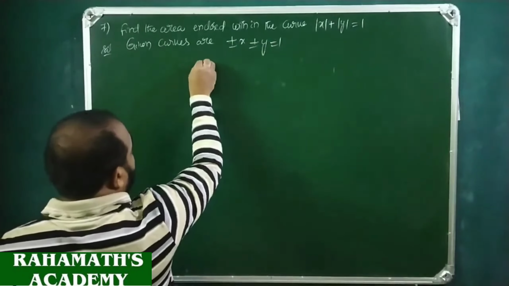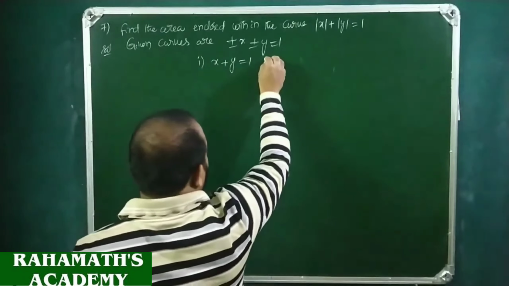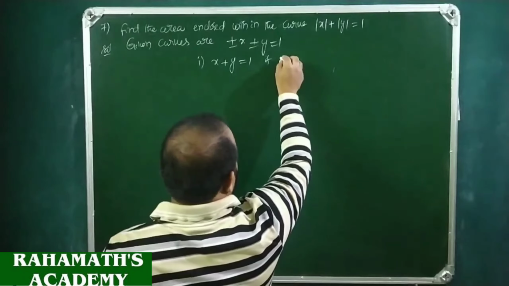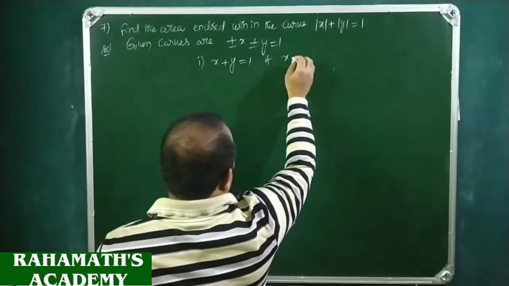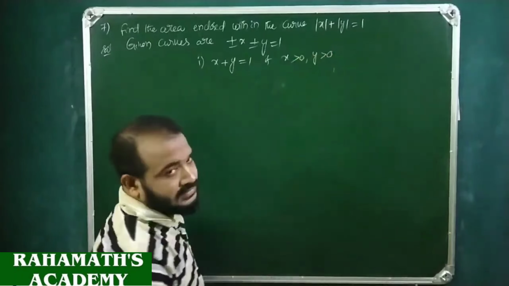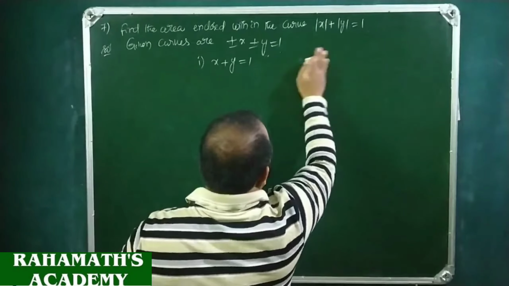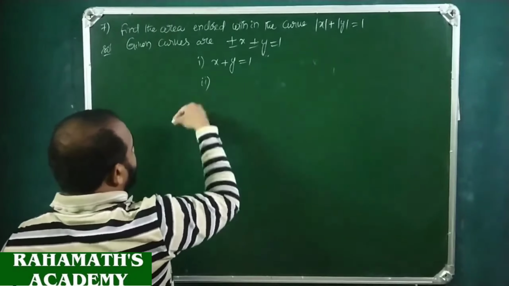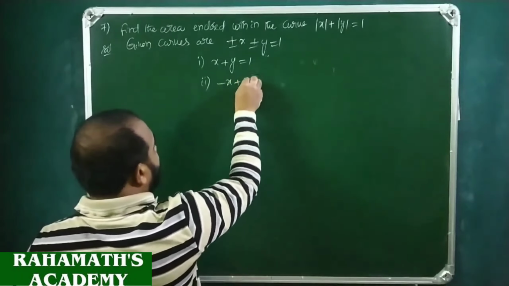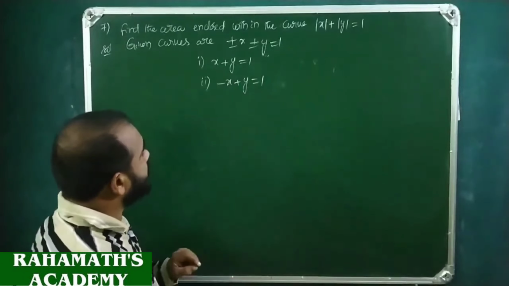So x plus y equals 1 if both x is greater than 0 and y greater than 0, positive x-axis and the first quadrant. And second, minus x plus y equals 1, second quadrant, minus plus.